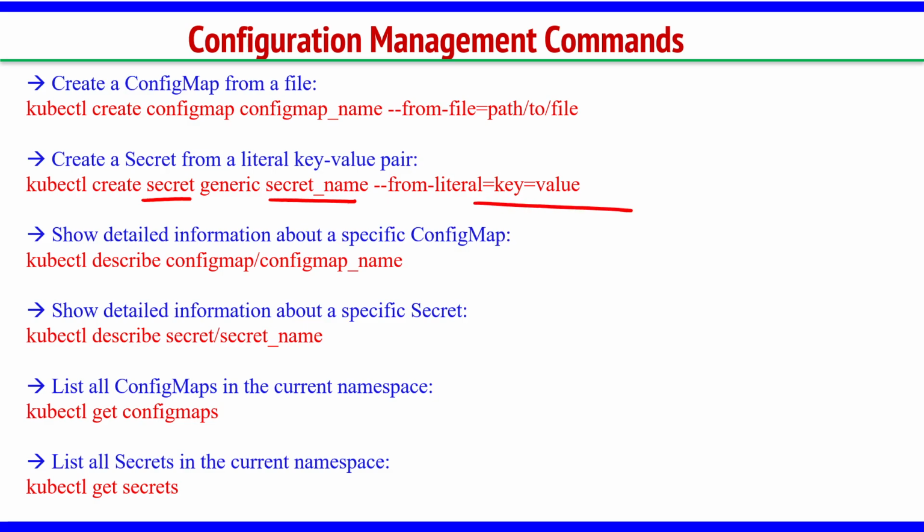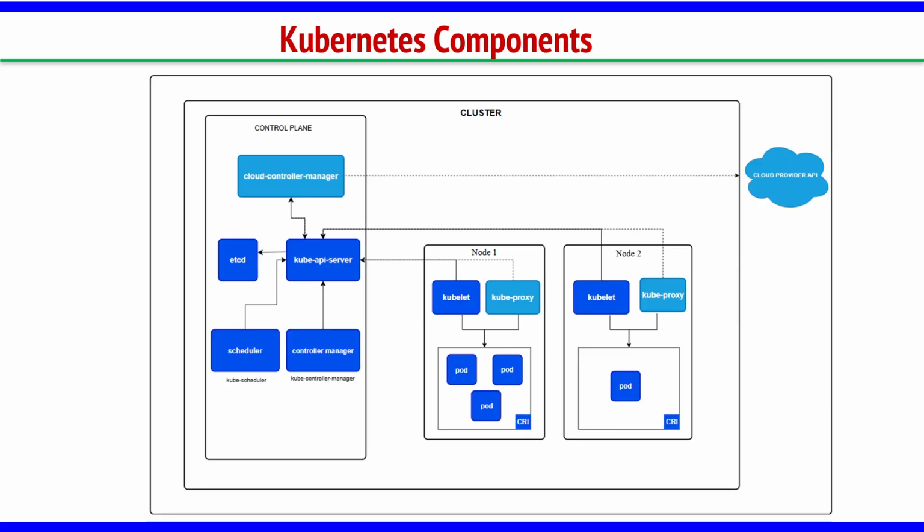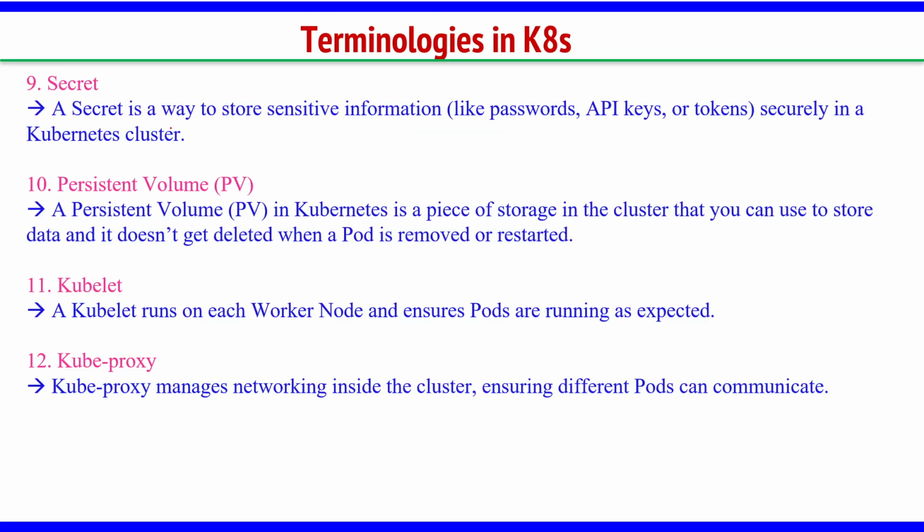So, what is a secret? So, let us go and understand again what is a secret. We have seen this. A secret is a way to store sensitive information like passwords, API keys or tokens securely in a Kubernetes cluster. So, it is a way we can store the sensitive information. So, whatever password, the API keys, tokens you want to store, any other entity you want to store, we can use a secret.